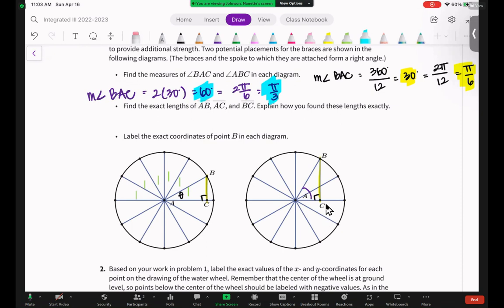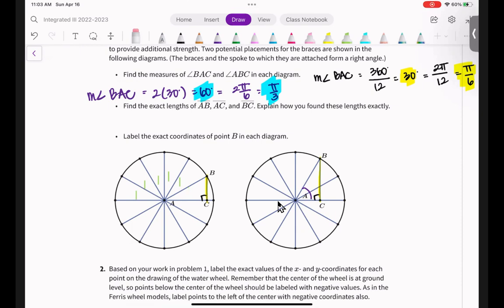And you might be like, hey, Ms. Johnson, how come these are labeled the same? If you think about it, it should be labeled the same. So let me erase this so you guys can see. In here, we said that this is 30 degrees, and in here, we said that this is 60 degrees. Well, if this is a right triangle, what's this angle here? And you'd be like, oh, well, it's 180 degrees for a triangle.